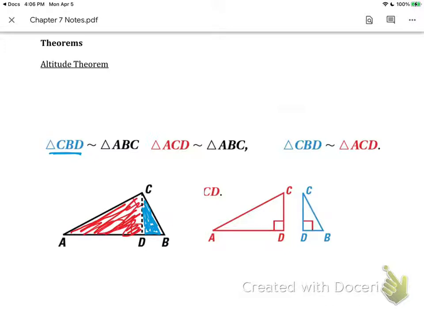So what this is telling us is that the right triangle is similar to the big triangle, and then the left triangle is similar to the big triangle. So therefore, what we're going to find is that the left triangle is also similar to the right triangle.